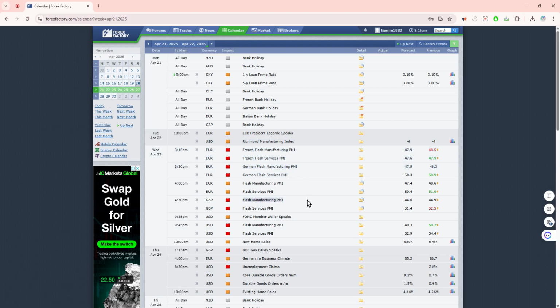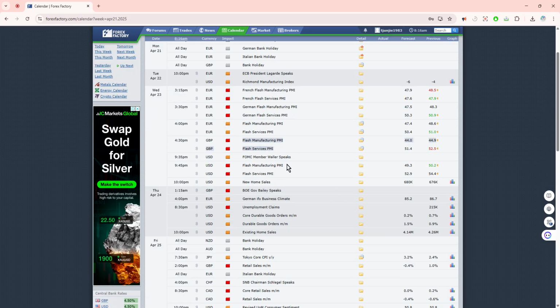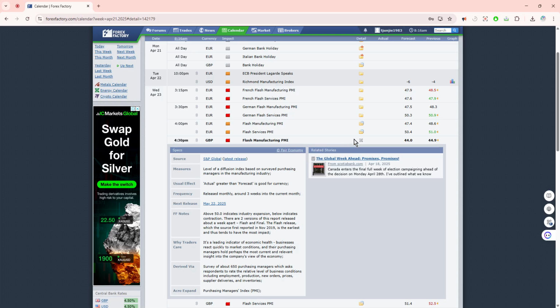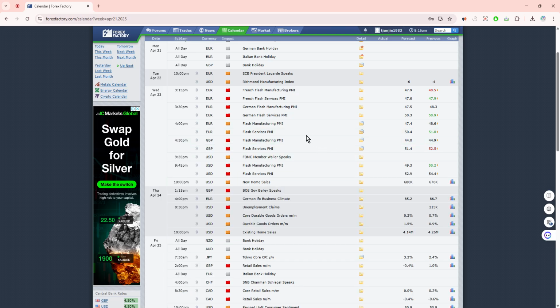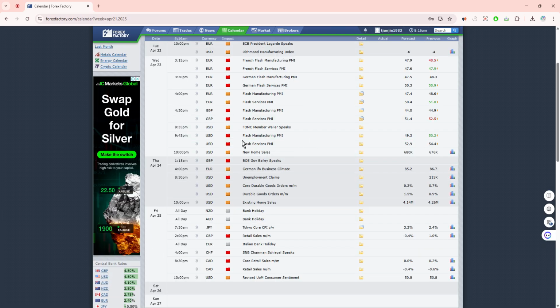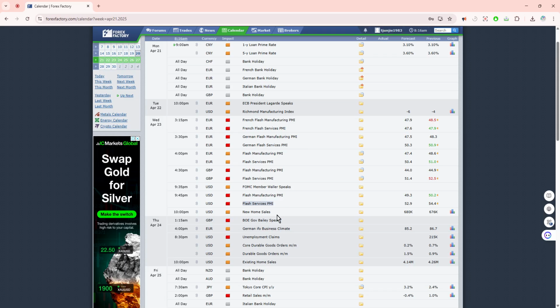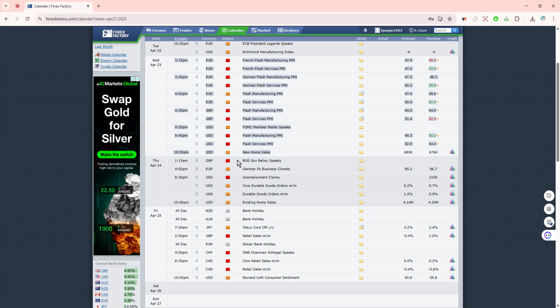Likewise for the pound, there's the PMI as well, the purchasing managers' index. Then also for the US. So Wednesday would have some movement, I would say.